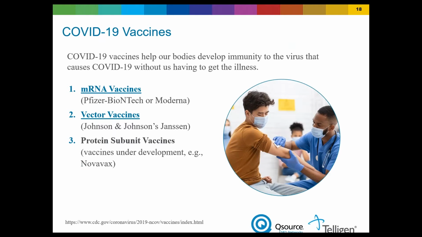So to date, we have numerous vaccines available in the United States. There are two main types of vaccines. One, mRNA vaccines. There are two types of mRNA made by Pfizer and Moderna, and a vector vaccine made by Johnson & Johnson. Another prominent vaccine made in other countries is a protein subunit vaccine.